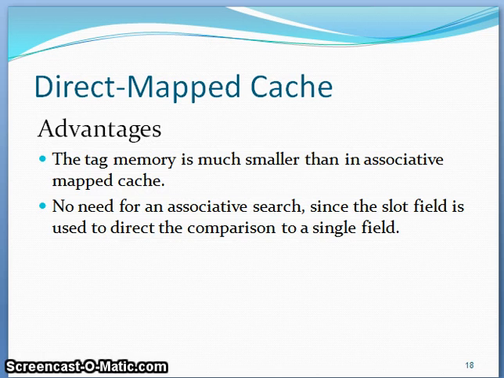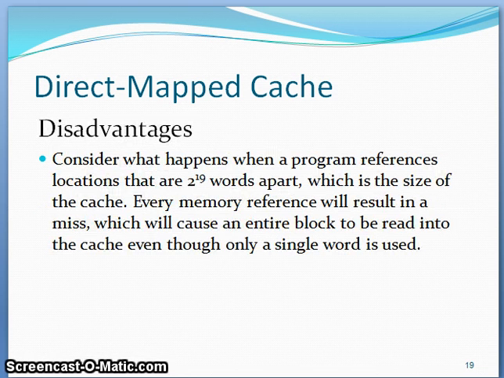Now the advantages of direct mapping are that the tag memory is much smaller than in associative mapping, and there is no need for an associative search, since the slot field is used to direct the comparison to a single field. There are also some disadvantages in direct memory mapping.